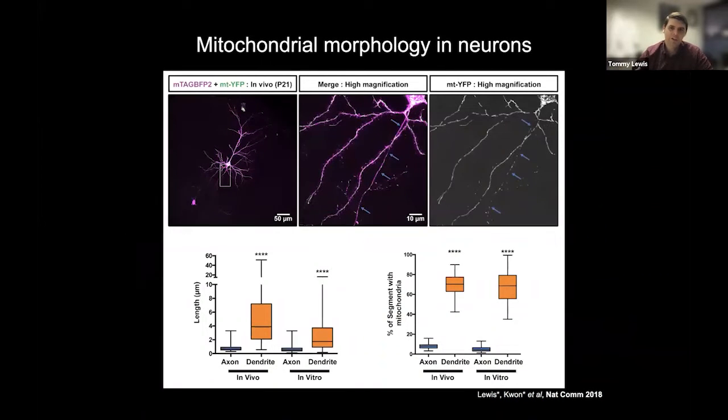Our first foray into this was to confirm that in vivo, we still see this subcompartmentalized mitochondria structure. Here we have the cell, this is the axon coming up here and dendrites up here. You can see the mitochondria are highly elongated in the dendrites and punctate in the axon. So this is conserved in vivo, which was nice and important to see.